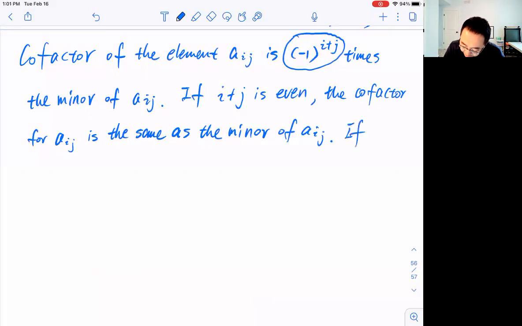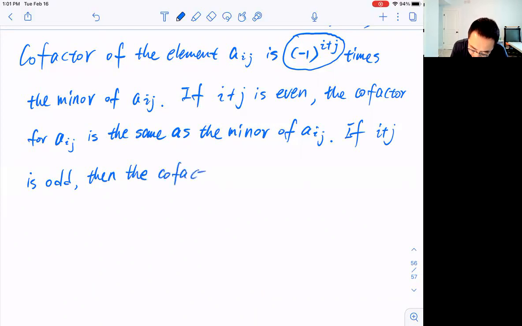However, if i plus j is an odd number, then the cofactor is the negative of the minor.